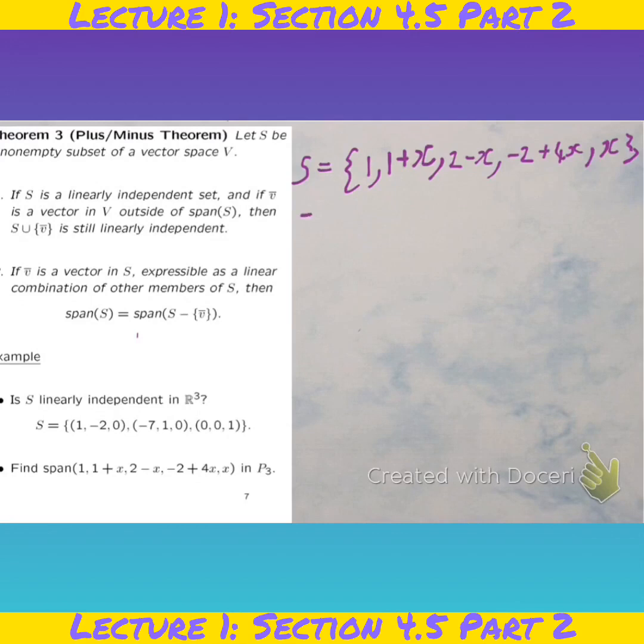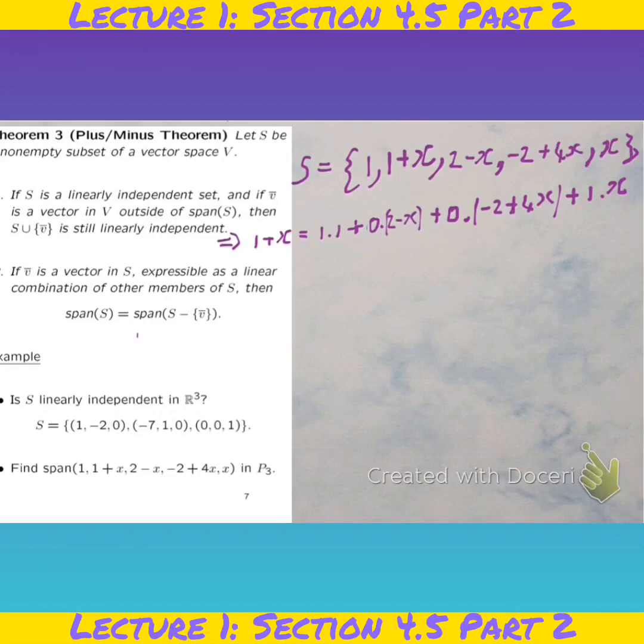Alright, so let's take my set S, and we need to find the span of that set. The first thing I want you to observe is that we can express this vector 1 plus x as a linear combination of all the other vectors in S. So you can express it as 1 times 1, plus 0 times 2 minus x, then also plus 0 times the other vector, which is minus 2 plus 4x, plus 1 times x.